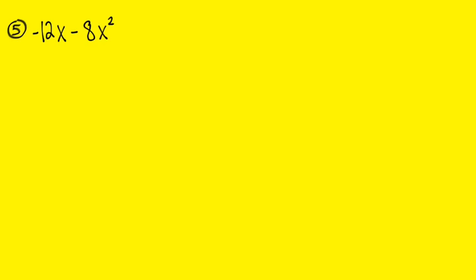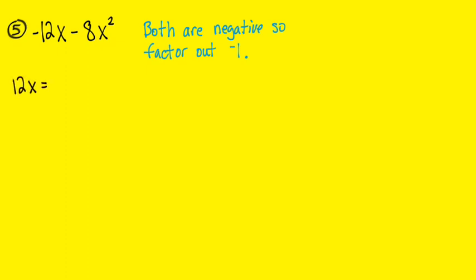Let's try another. In this scenario, I have negative 12x minus 8x squared. Both are negative, so I want to factor out the negative because that's something that they have in common. So I have 2 times 2 times 3 times x, and 2 times 2 times 2 times x squared.